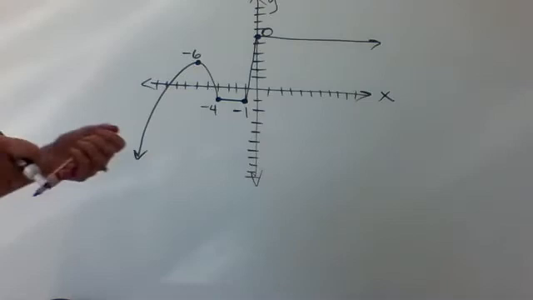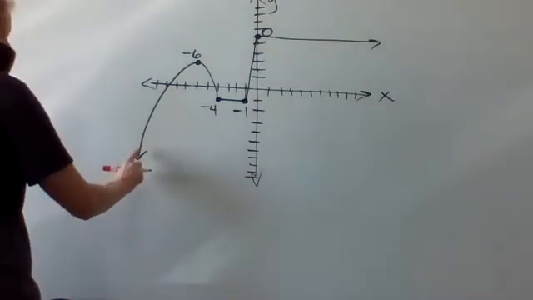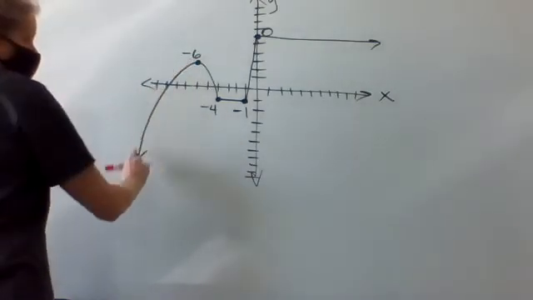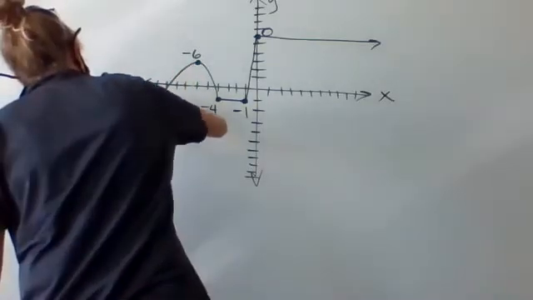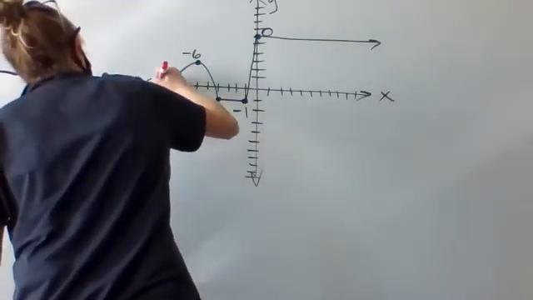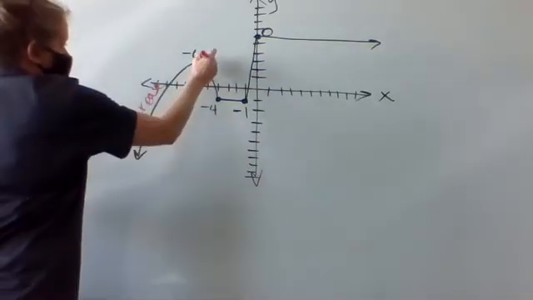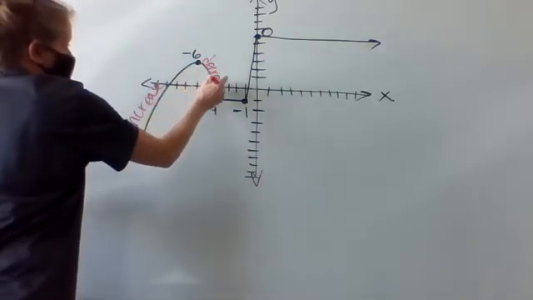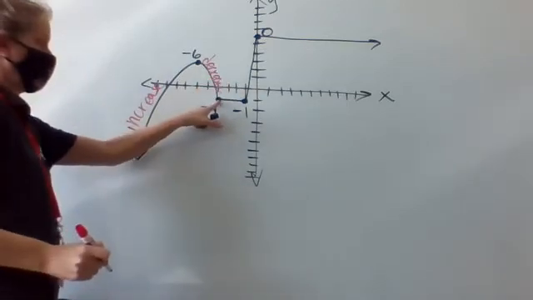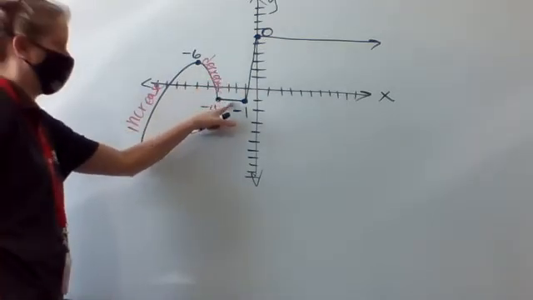Now let's label each one what's happening. What's happening here? It's increasing. It increases all the way until it gets to this point, and then it turns around and goes down. So then it starts to decrease. Then once it gets to this point, what happens?